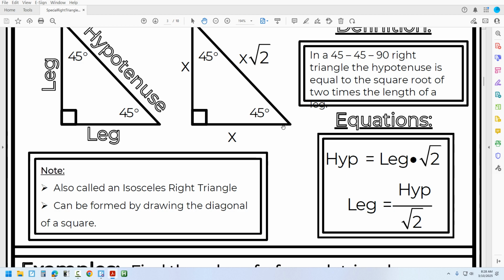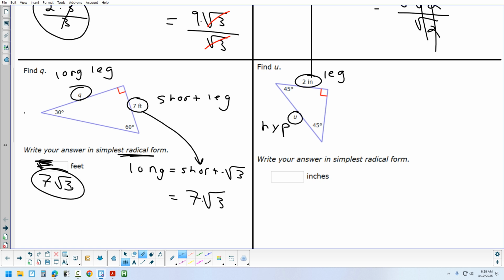It says the hypotenuse equals the leg times the square root of 2. Okay. How long is my leg in that triangle? Yep, I think, yeah, my leg is 2. So fill in 2, and then write it down exactly like it would be if you just change length to 2. And that's it.